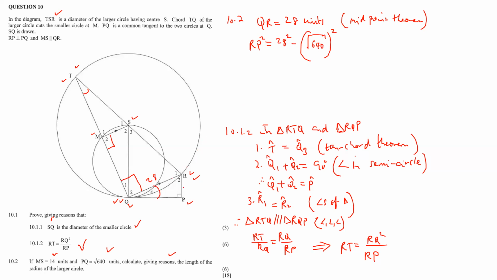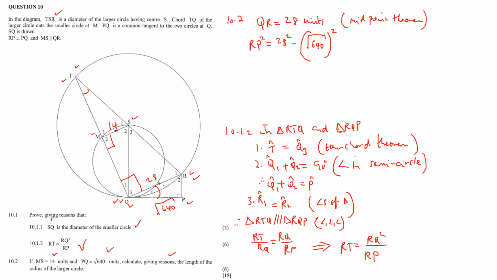Remember that PQ is the square root of 640, and MS is 14.